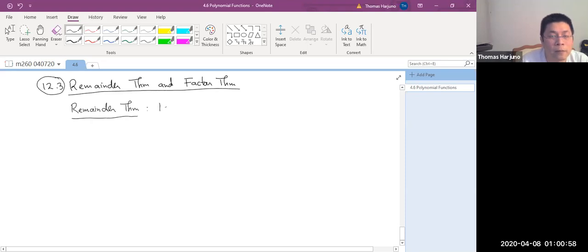If polynomial P(x) is divided by x minus c, then the remainder, which we usually call R, is equal to P(c).